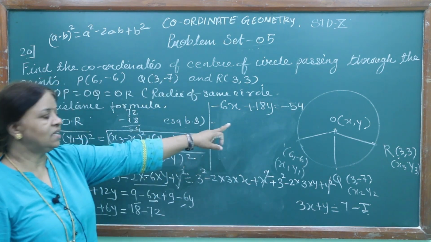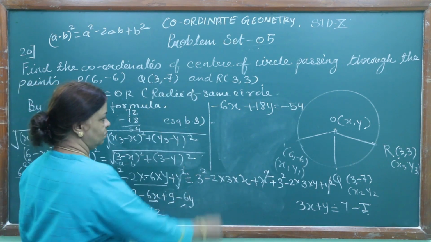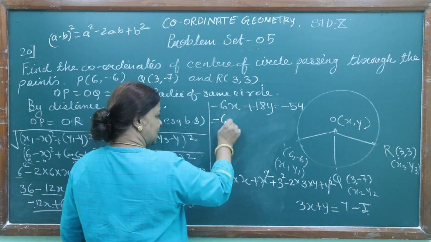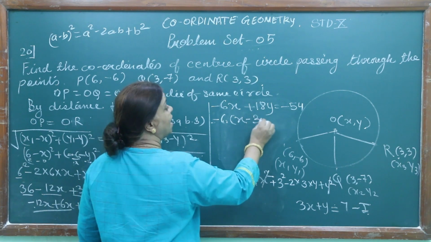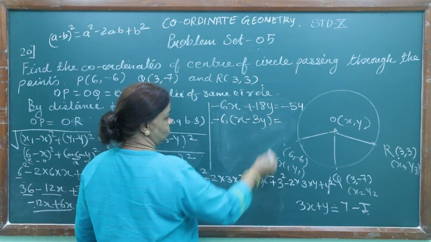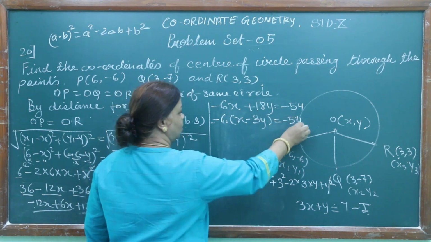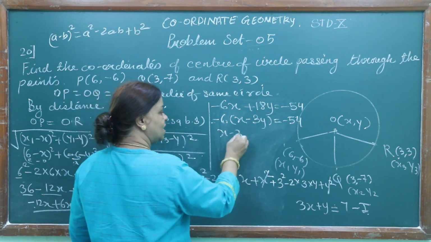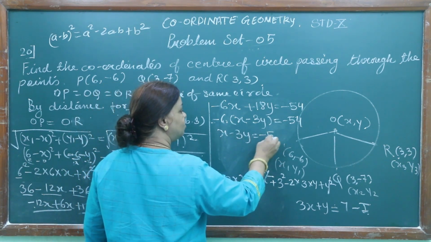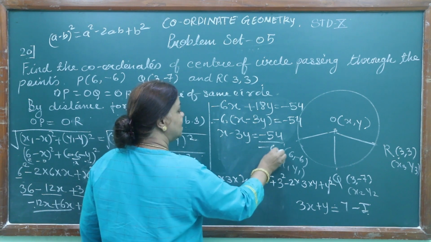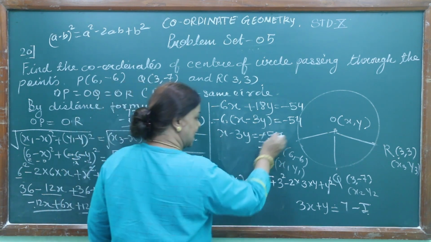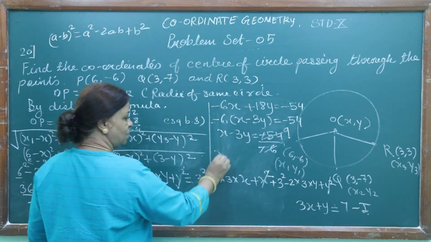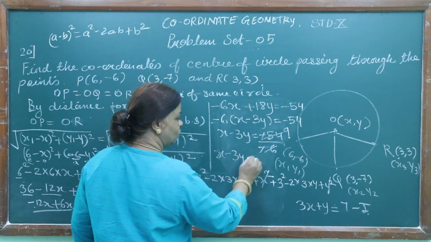Now here I can take 6 common, children. Let me take minus 6 common. x minus 3y is equal to minus 54. So x minus 3y equals minus 54 upon minus 6. The minus is gone, 6 nines are 54. So my second equation is x minus 3y is equal to 9.